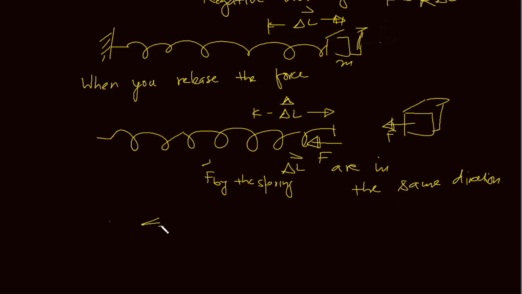Similarly, if a spring is compressed by minus delta L, and there's a force keeping it compressed, when the force is released, the spring will push in this direction to recover this deformation.